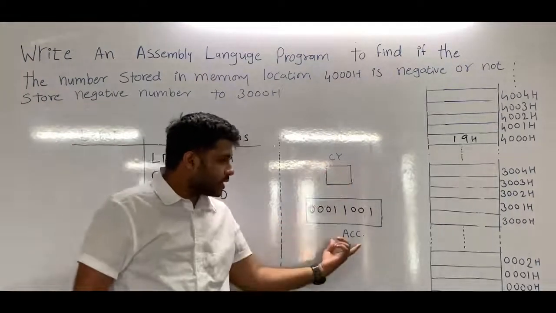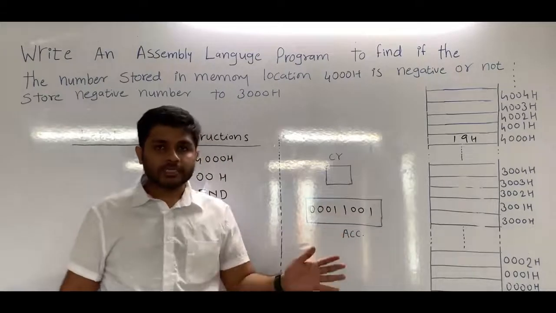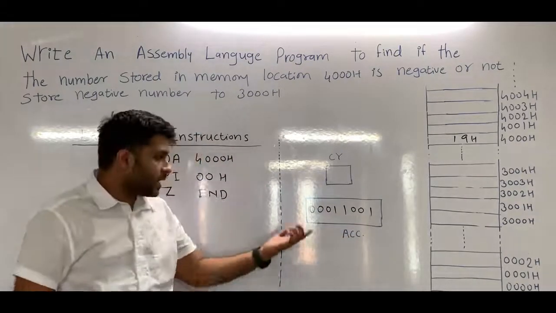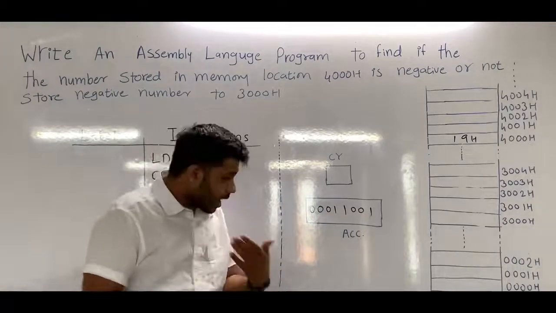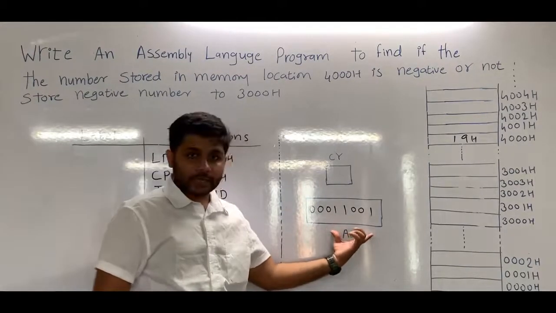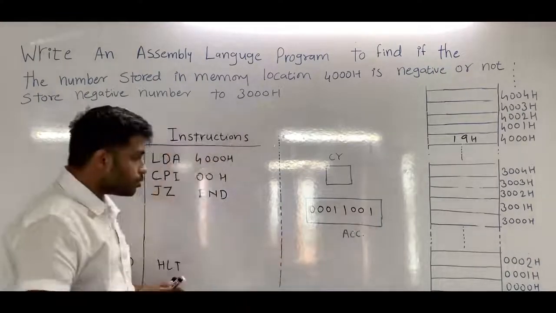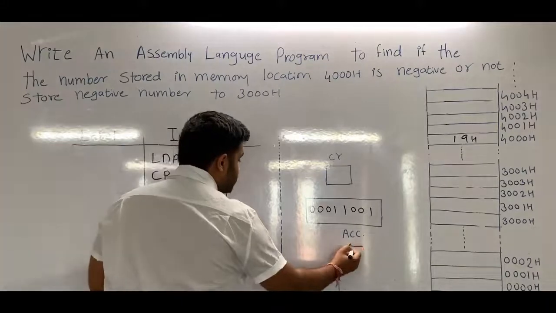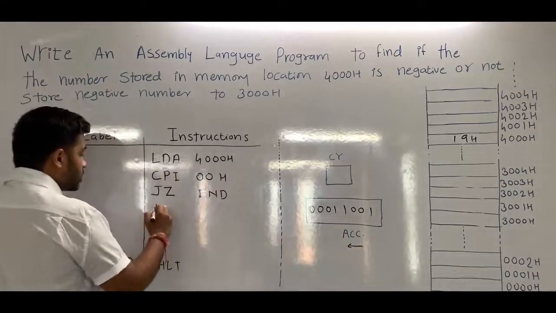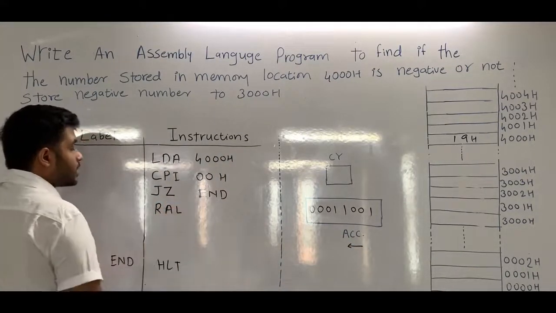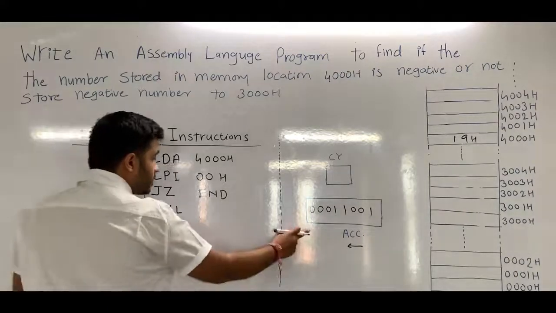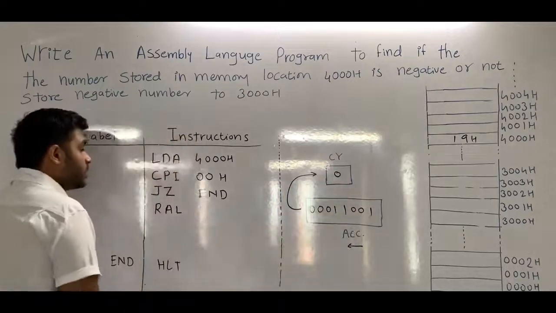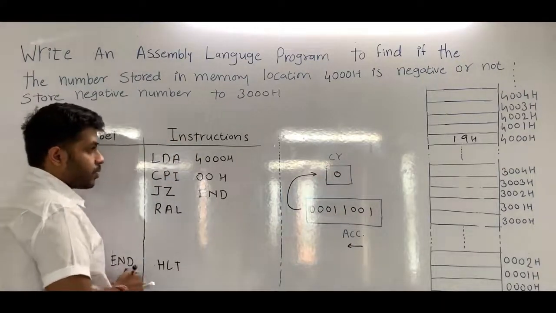But by just transferring the data into the accumulator, no flag will be set, because in data transfer instructions no flags are set. So after transferring, we have to process this data. What we are going to do is rotate the content of the accumulator to the left side, using the instruction RLC. When we perform this instruction, the MSB will be transferred to the carry. Now the carry flag is 0.